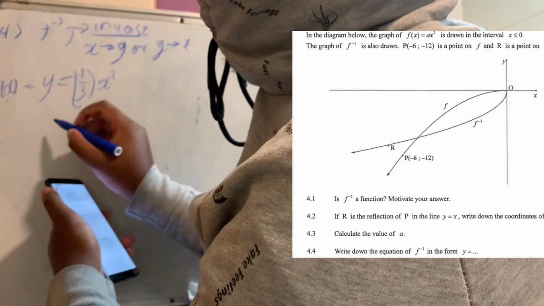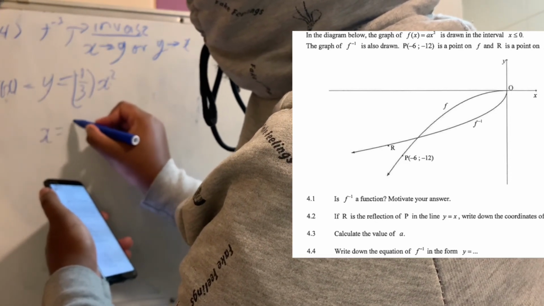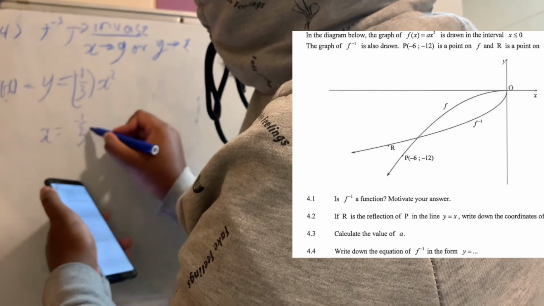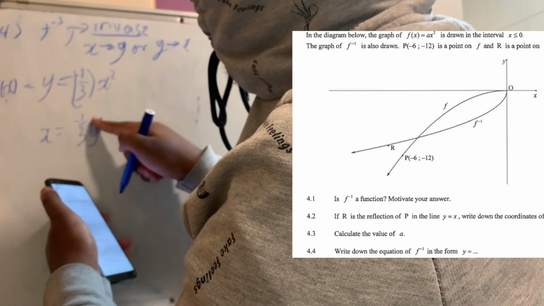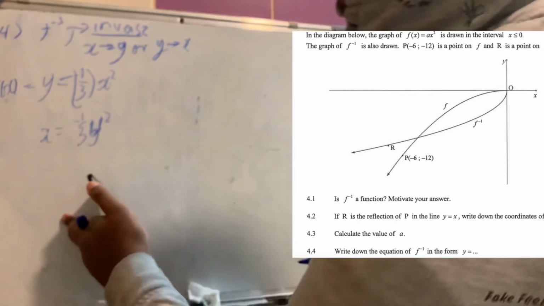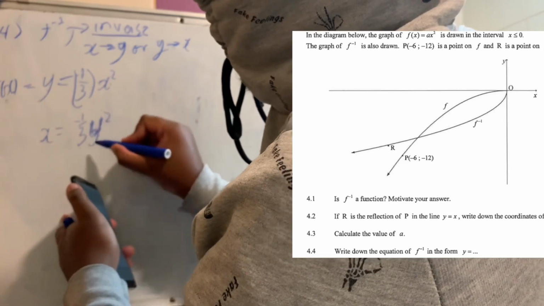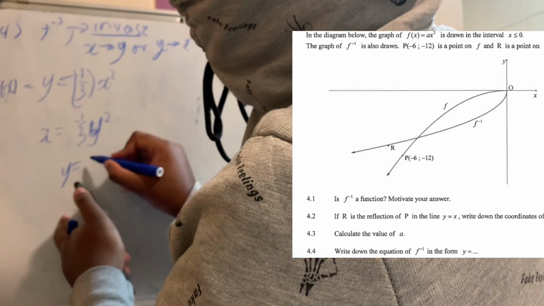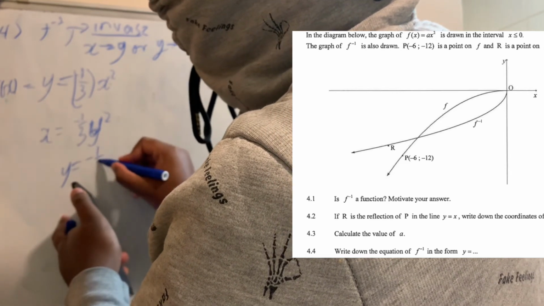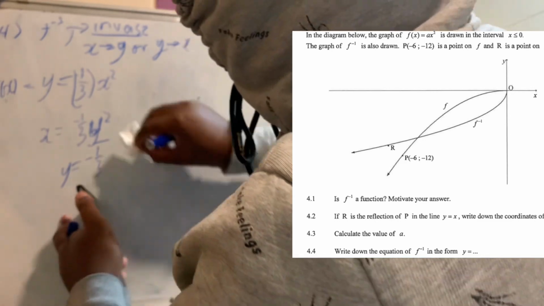So you're going to say x is equal to minus 1 over 3 y squared. I just change the variables, and we'll solve for y.